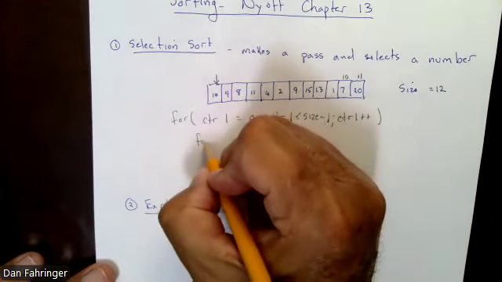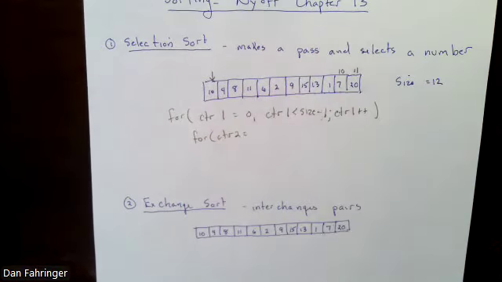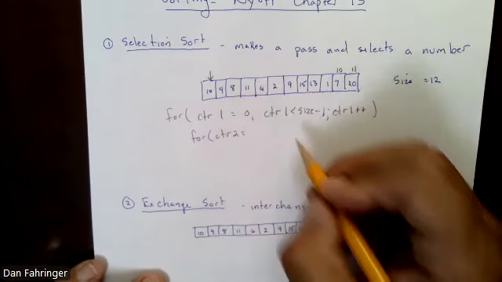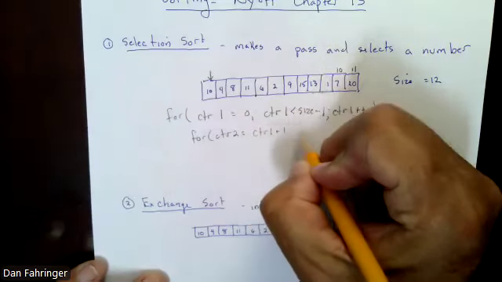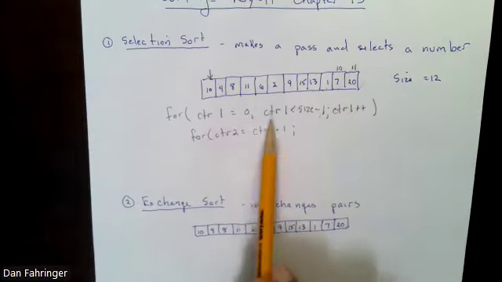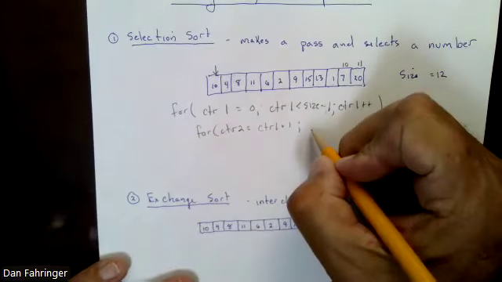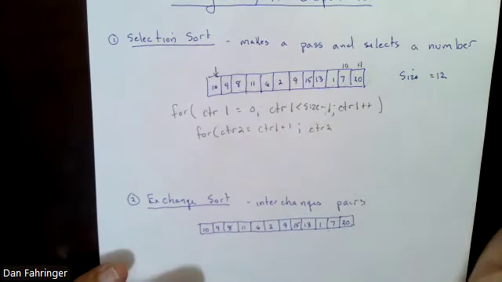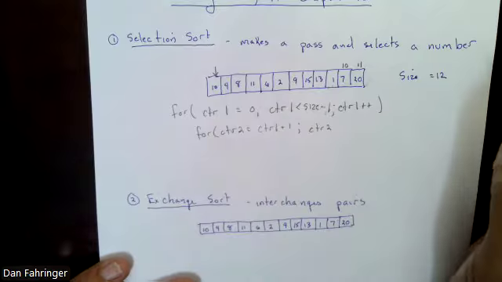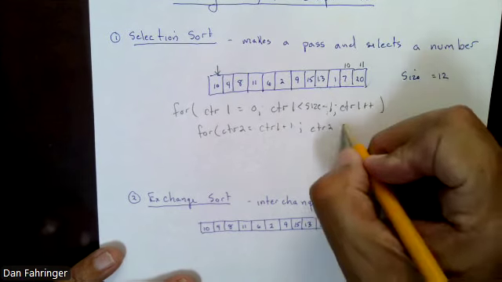My inner loop for counter2, where does it start? It starts at counter1 plus 1. Excellent. Over the three courses you've had, you're starting to see how some of these get manipulated around. And you want to go while counter2 is less than size minus 1.